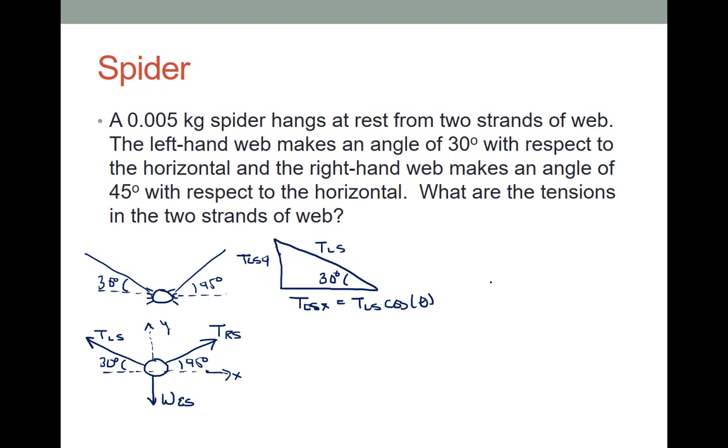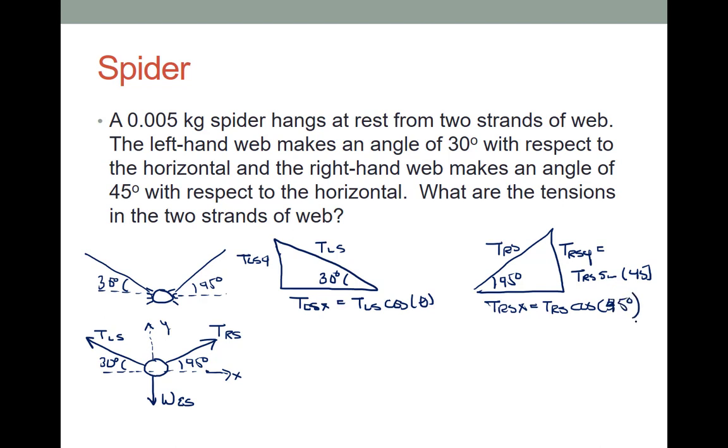If I look at the other strand of web, the right-hand one, I see again that my y component is found with a sine, and the x component is found with the cosine. Oops. Here we go.